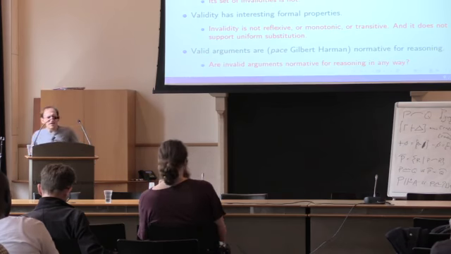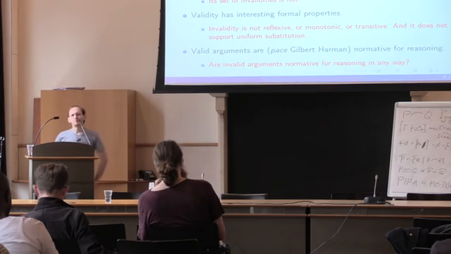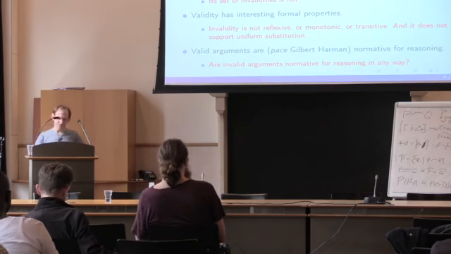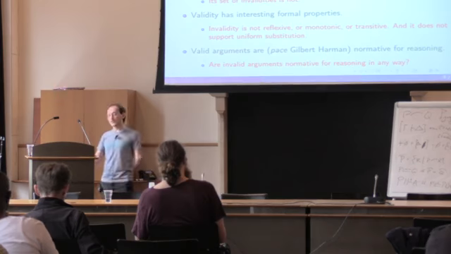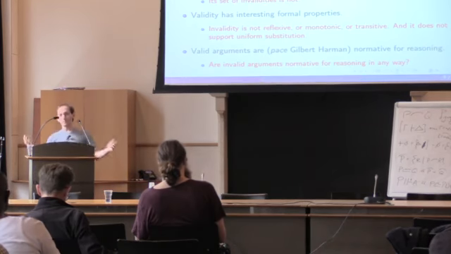But now, are invalid arguments normative for reasoning in any way? They don't seem to be. But okay, so these are the four reasons that I will consider. If you can think of some other reason that might lead us to focus on validities rather than on invalidities, please tell me. These are the four reasons I can think of, but I don't mean this list to be exhaustive.